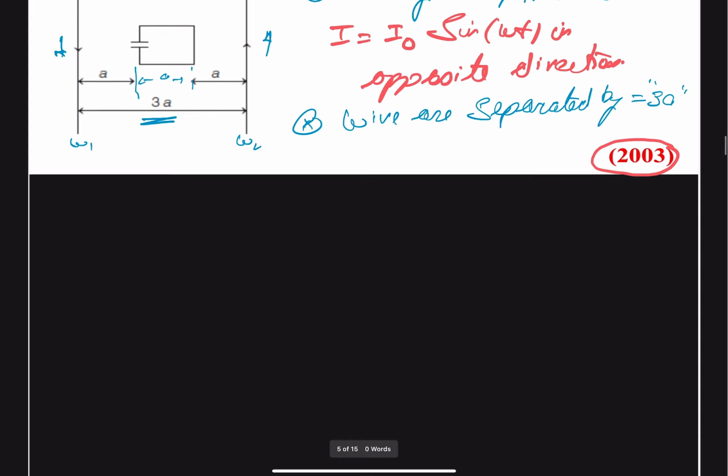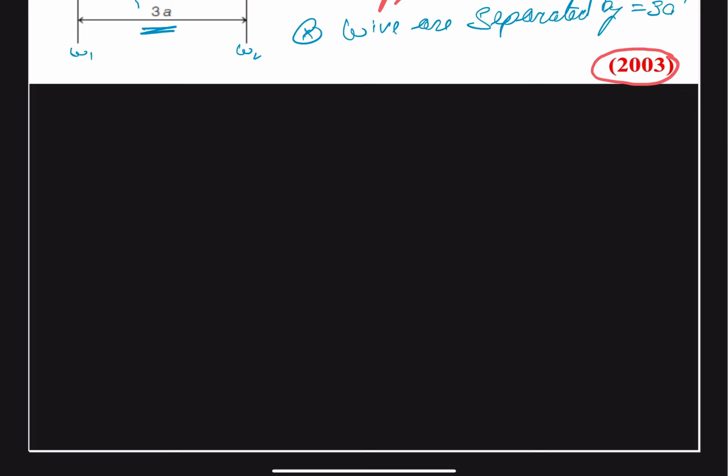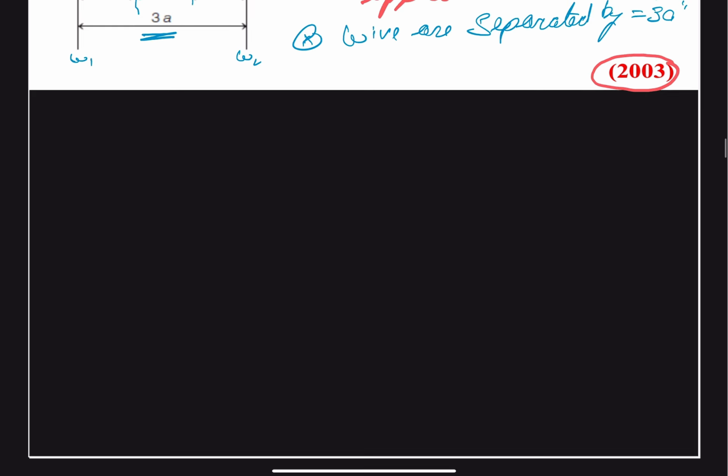First of all we are going to start with the magnetic field due to the wire, and the standard formula we already know: B is equal to mu naught I upon 2 pi r.